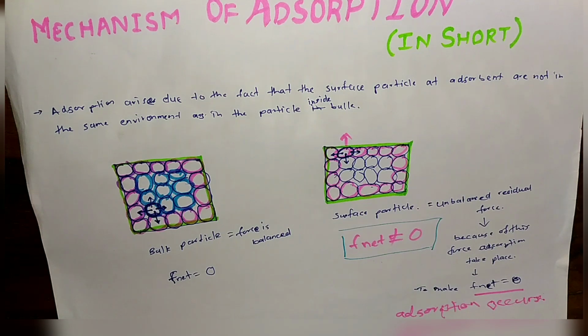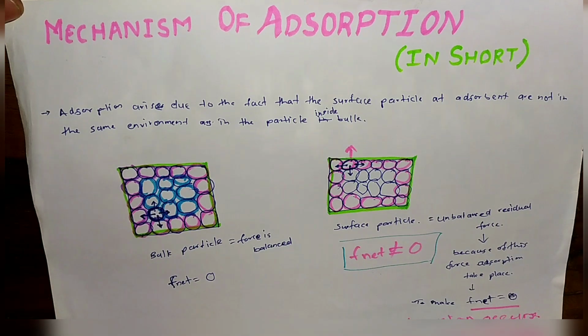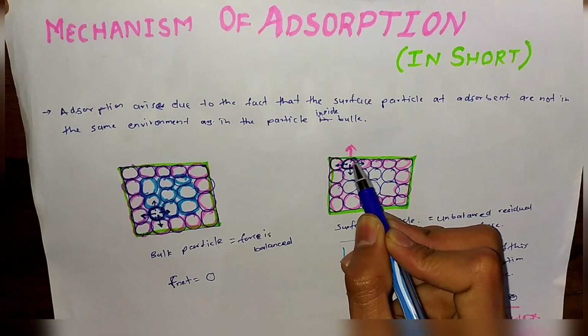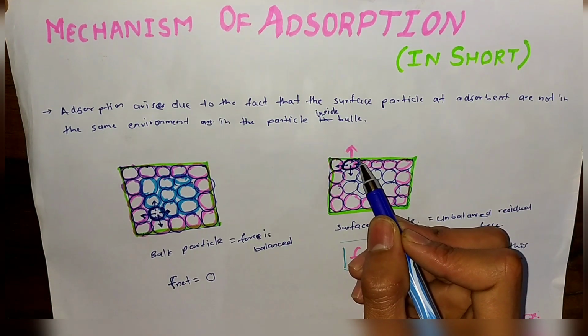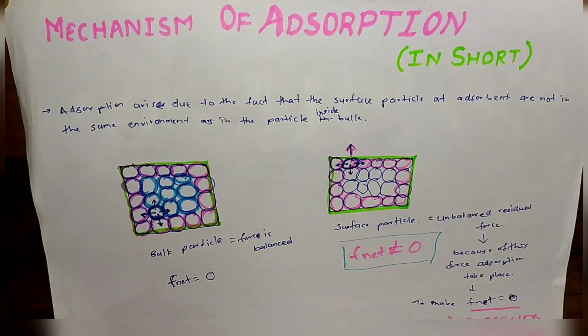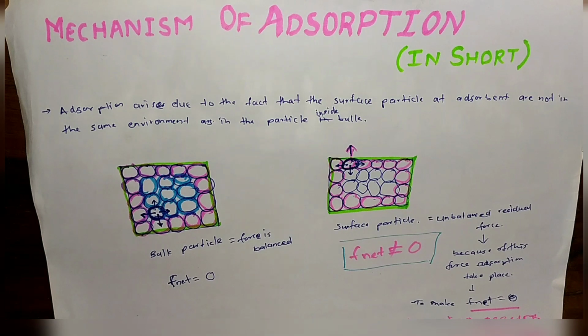In bulk particles, this particle will pull in all four directions equally. But for the surface particle, there is no one to pull in this direction, so there is an unbalanced residual force.